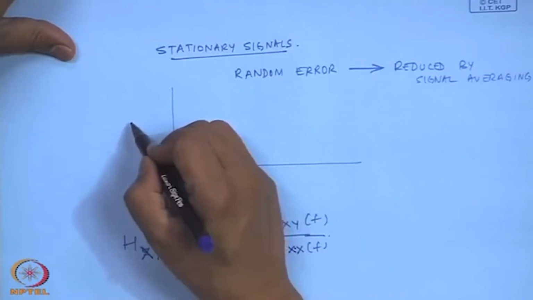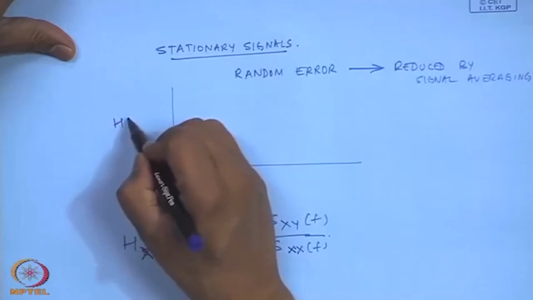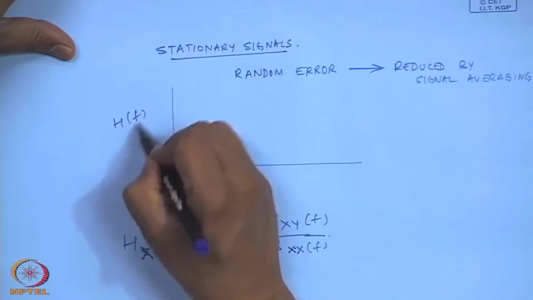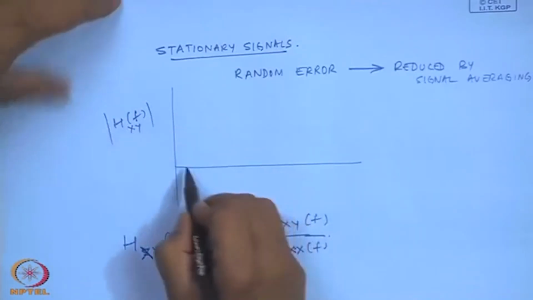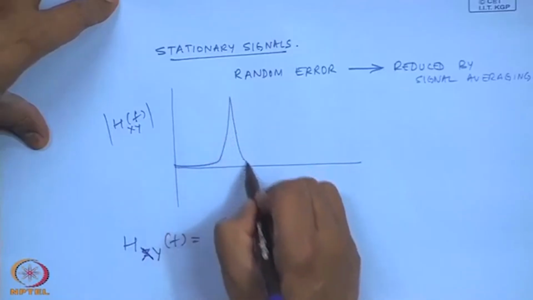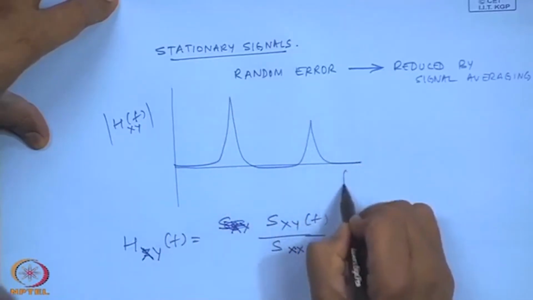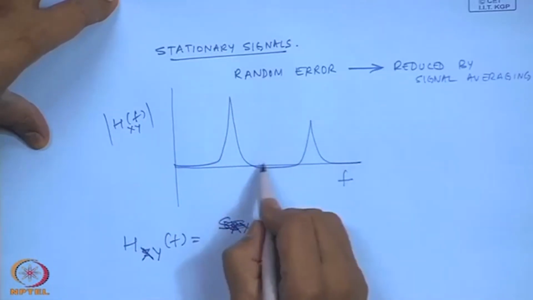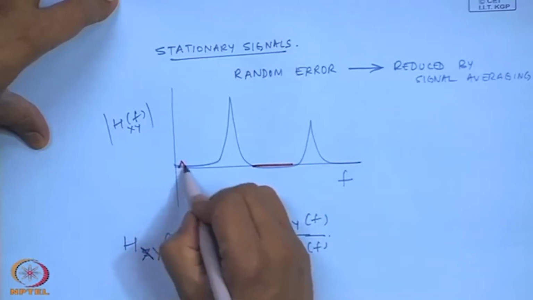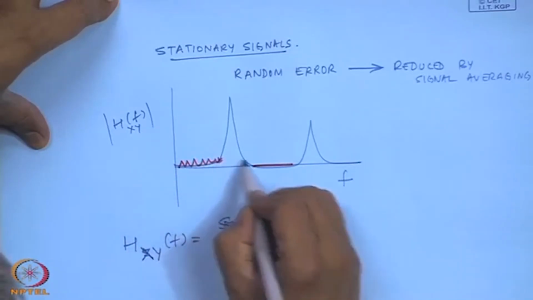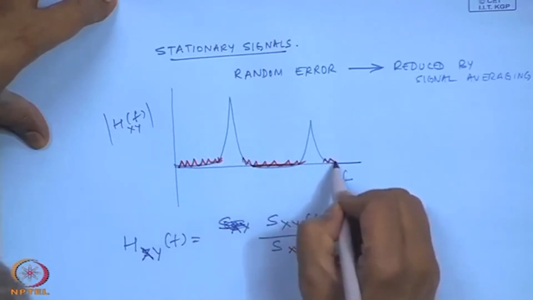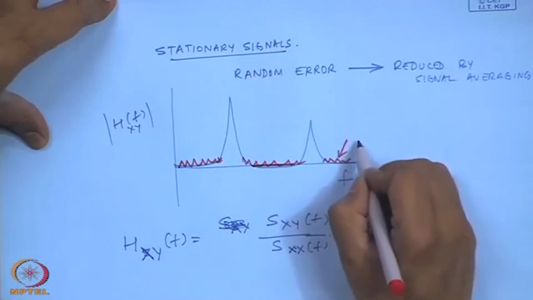And then this magnitude will look something like this. And with averaging, there will be a lot of such noises which will reduce.